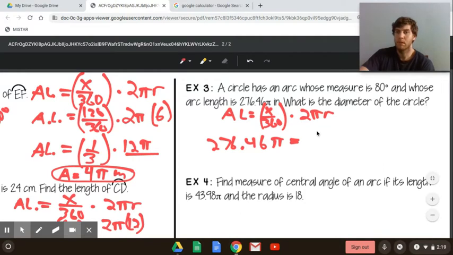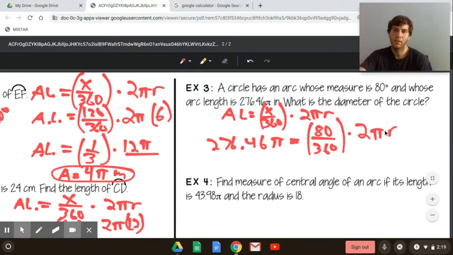Okay, so that's 80 out of 360. Then we're going to multiply that by our circumference, which is 2 pi r. We don't have the radius, that's what we're trying to solve for.